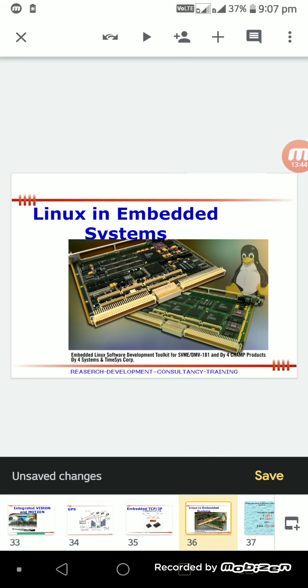Next, Linux is the most important of the embedded systems, because maximum PCs or systems or monitoring depend upon these types of boards, either microcontrollers or microprocessors.